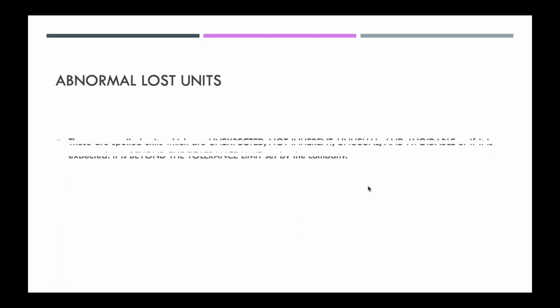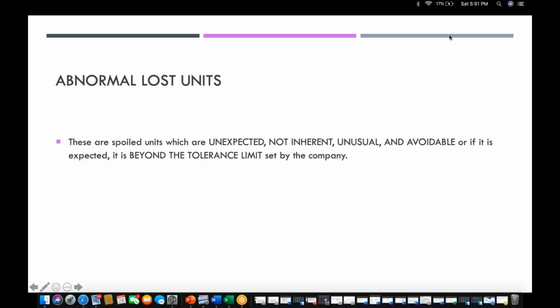Well, abnormal lost units, these are spoiled units which are unexpected, not inherent, unusual, and avoidable, or if it is expected, it is beyond the tolerance limit set by the company. So kung meron tayong benchmark of the number of possible lost units at nag-exceed tayo doon sa limit natin na yon, all those excess are treated as abnormal units.